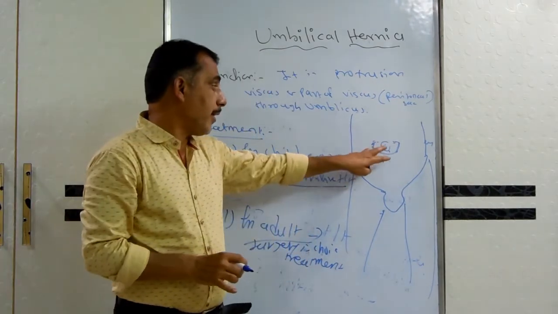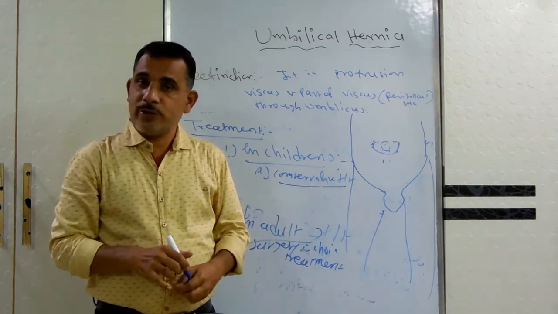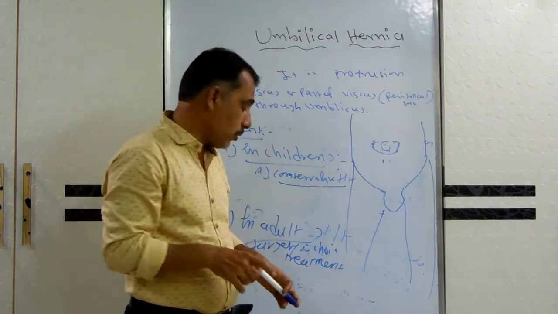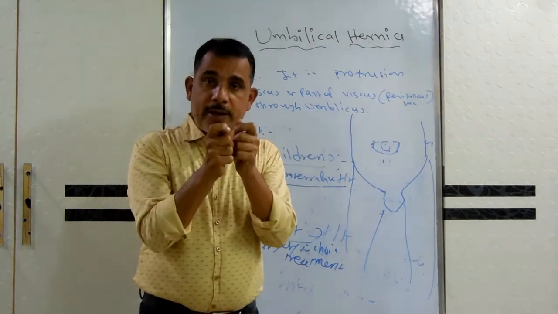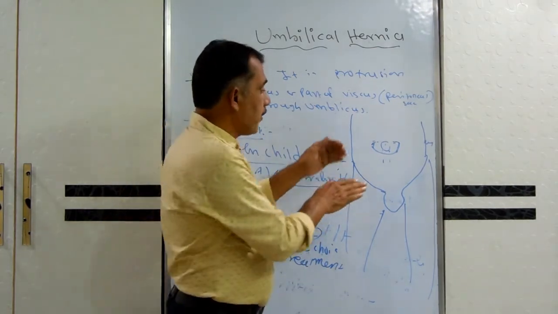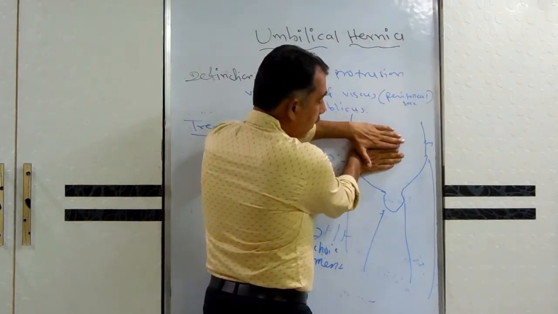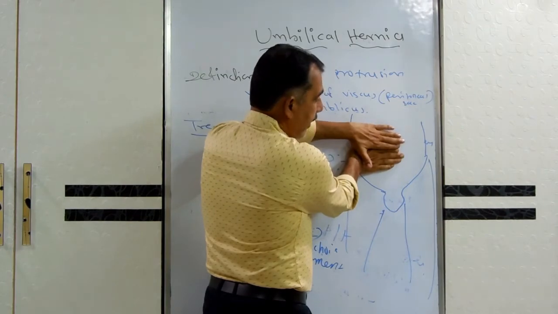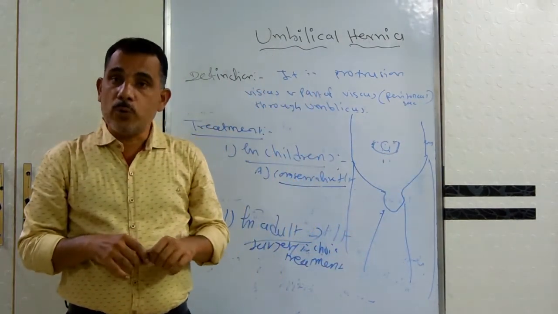So the umbilical scar or umbilicus cannot be saved in these cases. So the last step, after using the non-absorbable sutures, closing and narrowing the gap, the lower flap should be put under the upper flap, and then stitches should be given to the patient to close the wound.